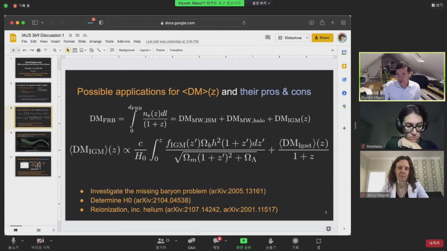Even if the DM host itself is not redshift dependent, there's no a priori reason why the host contribution, here I'm including the host and the circumburst environment, the inner few parsecs, couldn't be redshift dependent as well. So I'm very concerned that DM-z will not ever be informative of the Hubble parameter. But I think there are different opinions, certainly on Slack, and I'd like to hear more opinions about that.